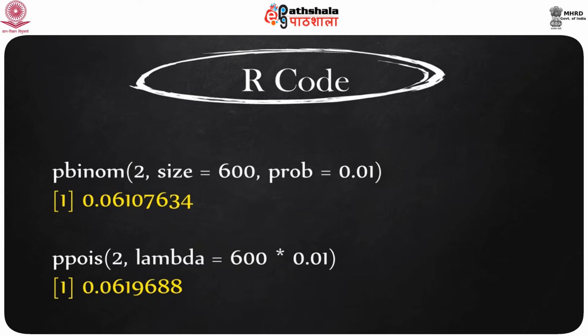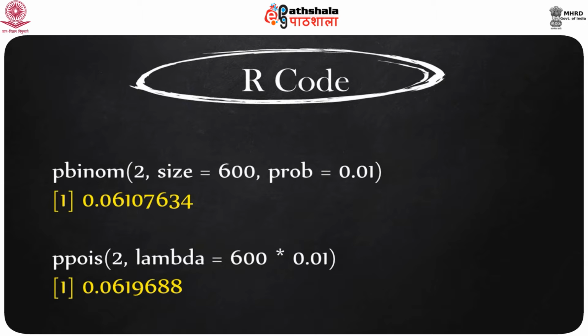Suppose we are flipping a coin a substantially large number of times, say 600 times, and the probability of success has been fixed at 0.01. So, n equals 600 and p equals 0.01 for a binomial random variable. Now, we are trying to find the probability of less than or equal to 2 for a binomial distribution.